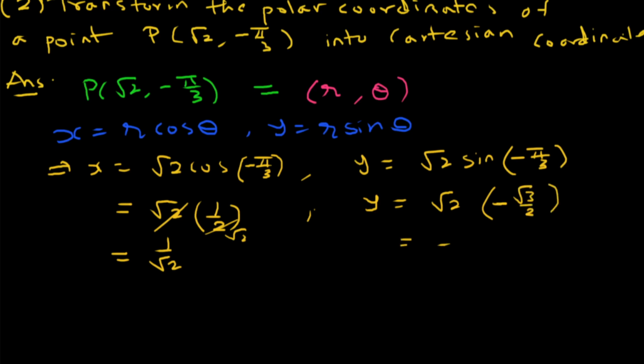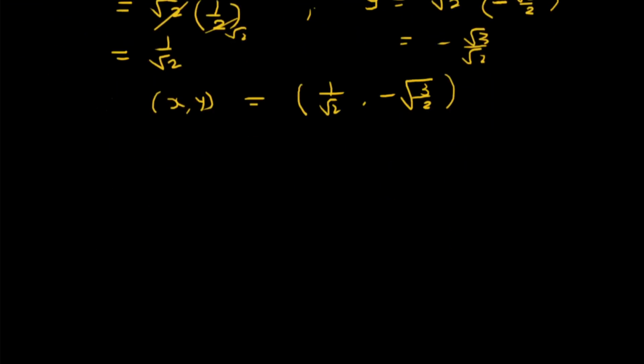Thus the Cartesian coordinates of the given point are x is equal to 1 upon root 2 and y is equal to minus root 3 by 2. This way we can transform from polar to Cartesian.